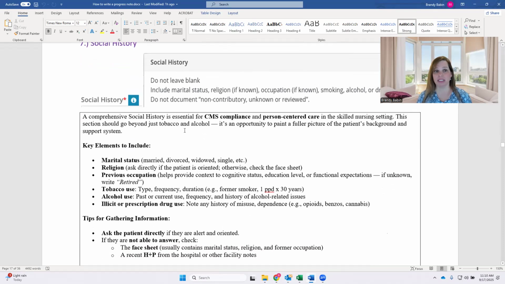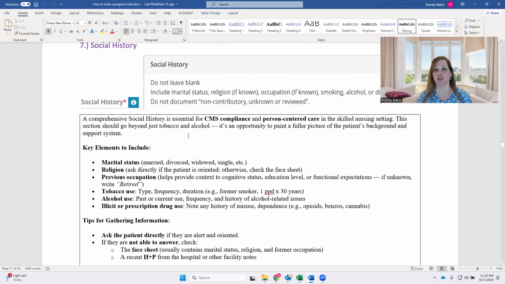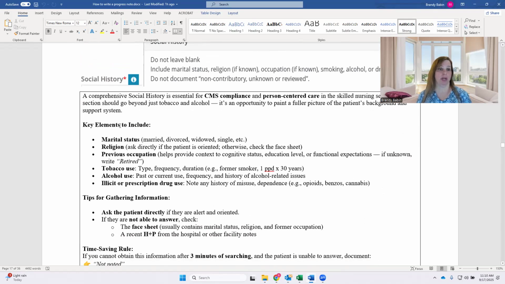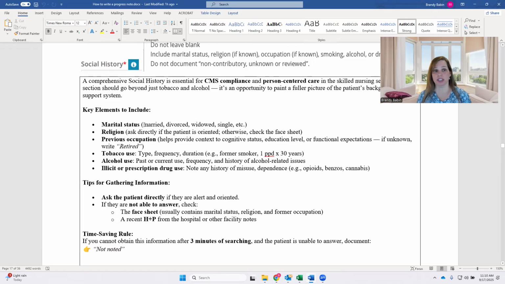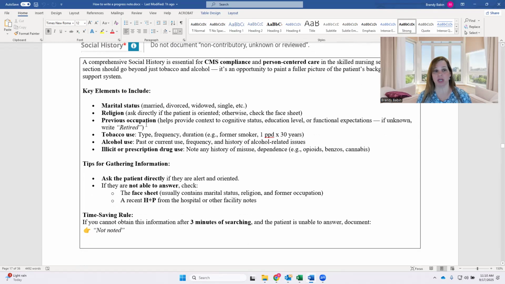So a comprehensive social history should go beyond just tobacco, alcohol, and illicit drug use. It should say multiple things. So in order to do that, marital status, which there are snippets that say married, divorced, widowed, single. Religion, I did not put any snippets. If you remember from new hire orientation, I did not want that to be there. And then previous occupation.